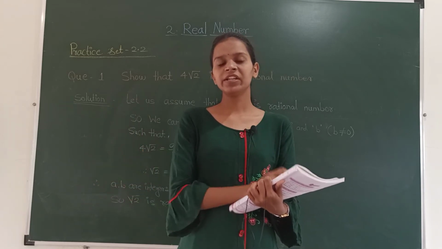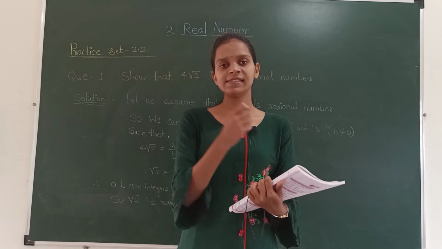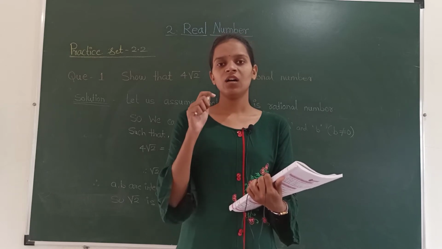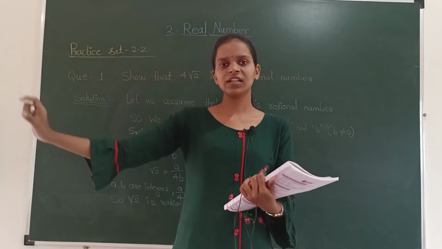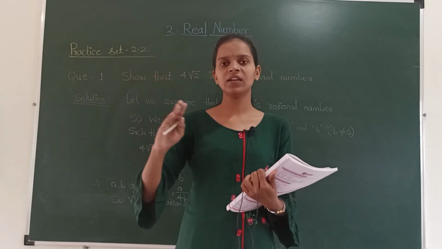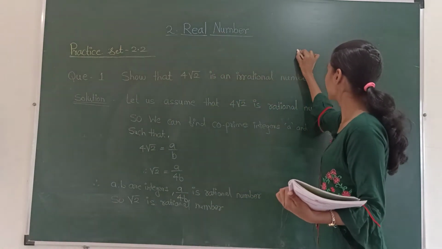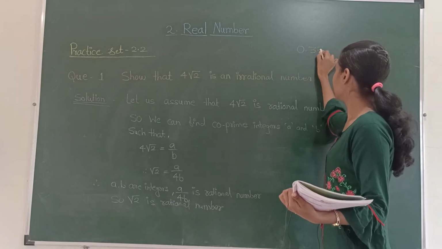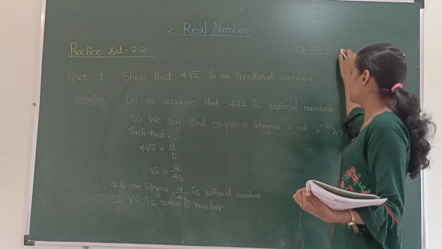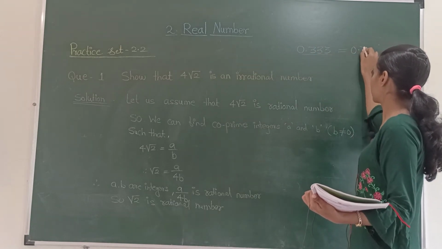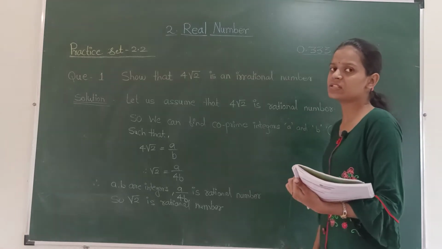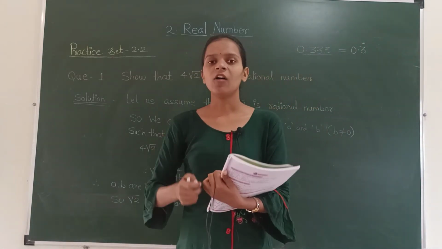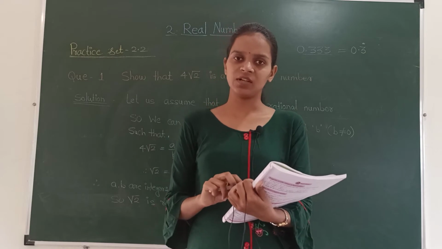And what is non-terminating recurring type? In this type of decimal form, the division continuously goes on. Like 0.333, the three is continuously repeating, so we write it with a bar on it. This is called non-terminating recurring type of decimal form.